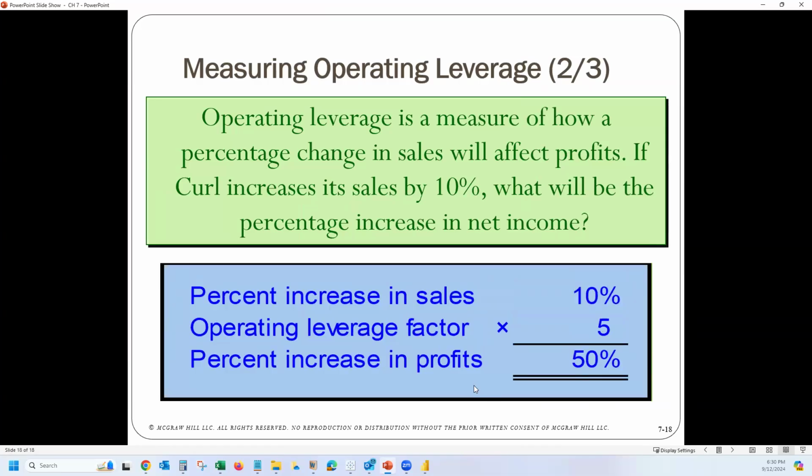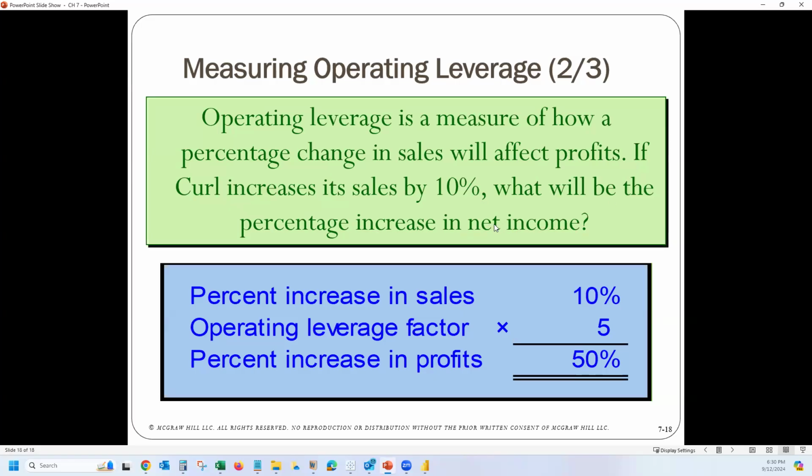So to calculate how well, let's look at this example. The operating leverage is a measure of how a percentage change in sales will affect profit. If Coal increases its sales by 10%, what would be the impact on the net income?